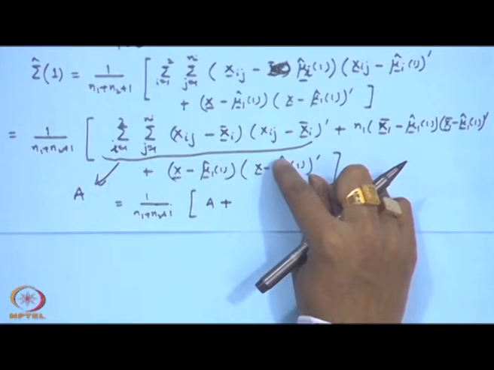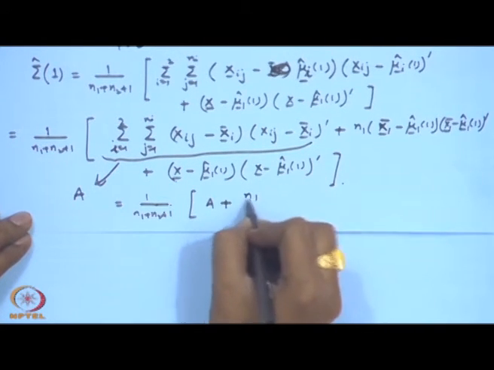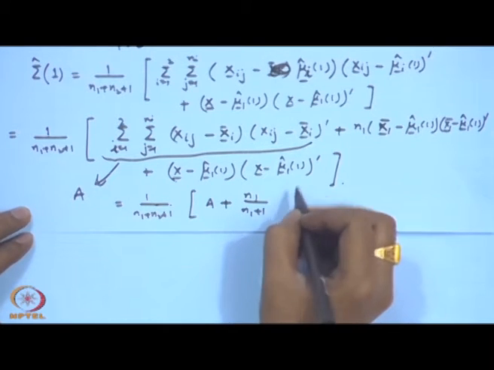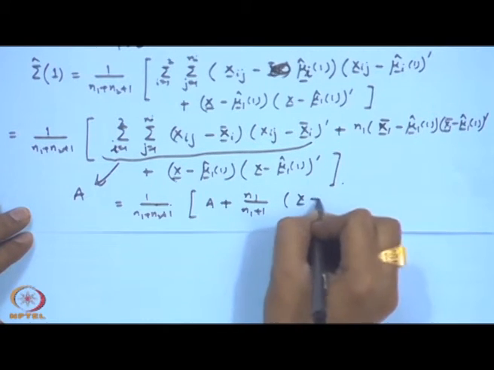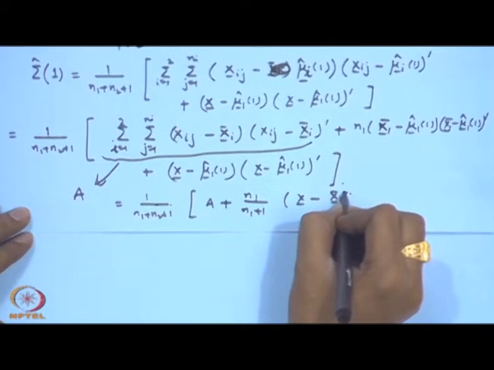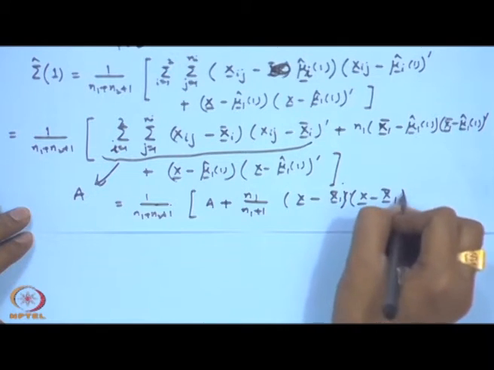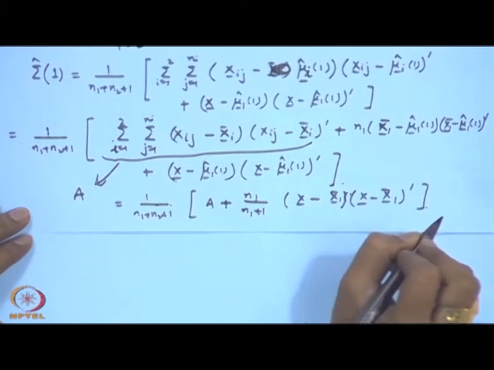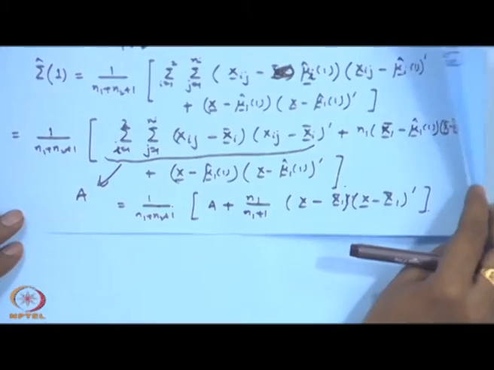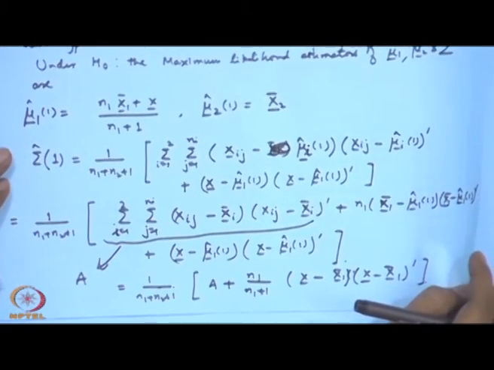So, if you take it out and consider the division there, then we can express the terms as n 1 by n 1 plus 1 (x minus x 1 bar)(x minus x 1 bar) transpose. So, you can see here that I am able to write down the maximum likelihood estimator.